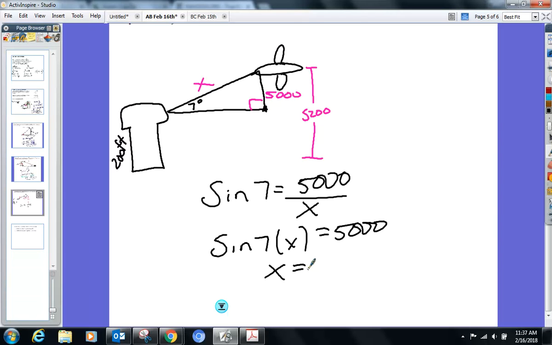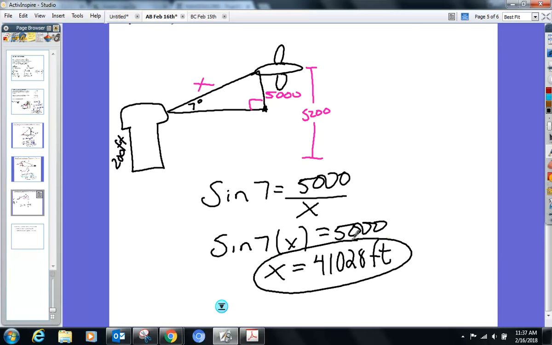How far away did you find? 41,028 feet. Good job. I thought it was meters, then I reread it. Meters, damn it. Do not convert them.